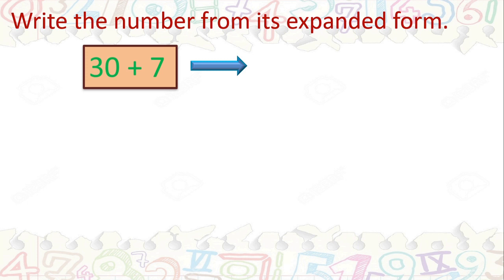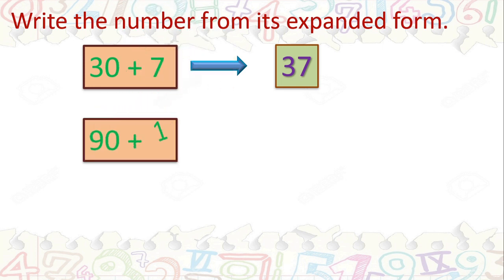Because 30 plus 7 is nothing but 30 and 7. What is that? 30 and 7 or 30 plus 7 is equal to 37. Right? This is the expanded form and this is the simple form.